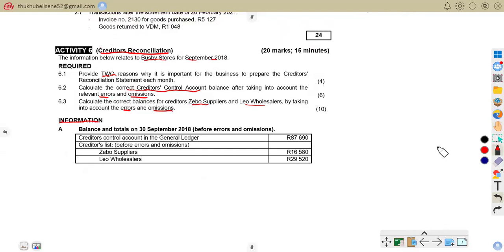So we have the information A. As you can see, information A is the balances and totals on 30 September 2018, before the errors and omissions occurred.